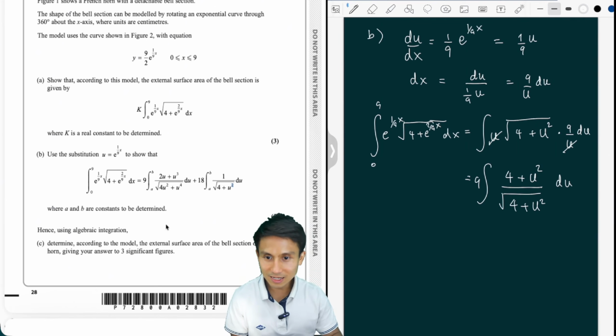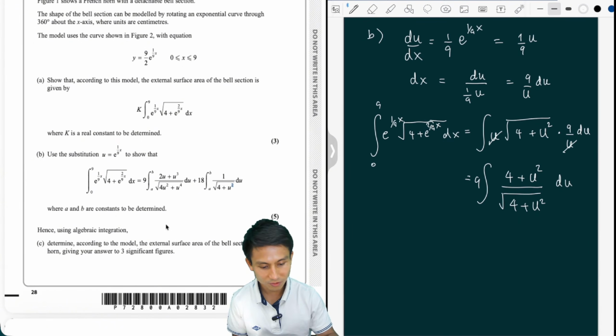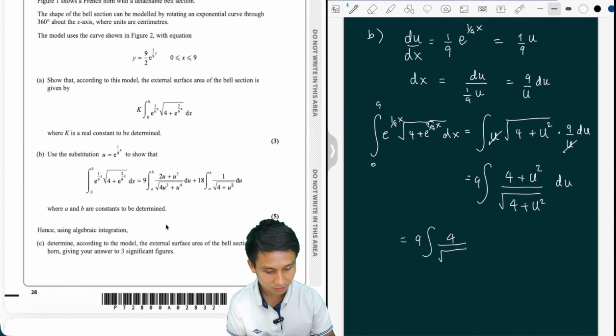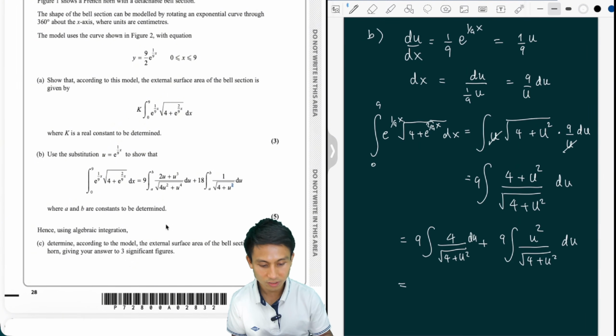And of course, I can split into 2 terms. So I'm going to split into 9 integral 4 over square root of 4 plus u squared plus 9 integral u squared of that. They're both integrated with respect to du, like that.